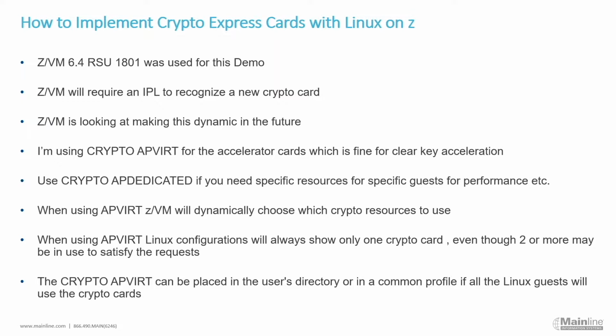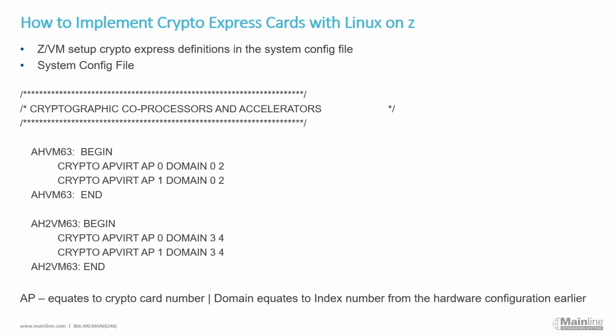The CRYPTO APVIRT, as far as the Linux guest definition goes, can be either put in its individual directory entry, or it can be put in a common profile if every Linux guest needs access to those crypto cards. This is an example of how this system happens to be set up. I'm in an SSI cluster right now, so I've got both of my VM partitions configured here, and you'll notice that it was the same type of information you saw on the screens earlier.